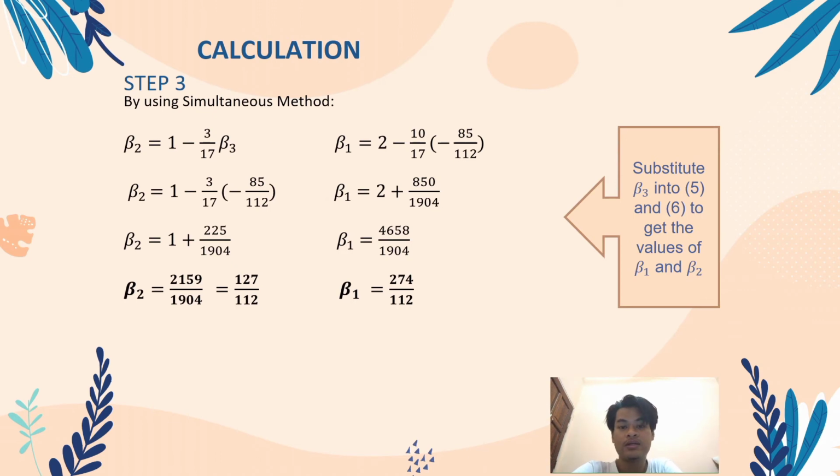Since we have got the value of beta 3, we can substitute it into equation 5 and equation 6 to get the values of beta 1 and beta 2. Therefore, the value is 274 over 112 for beta 1 and 127 over 112 for beta 2.